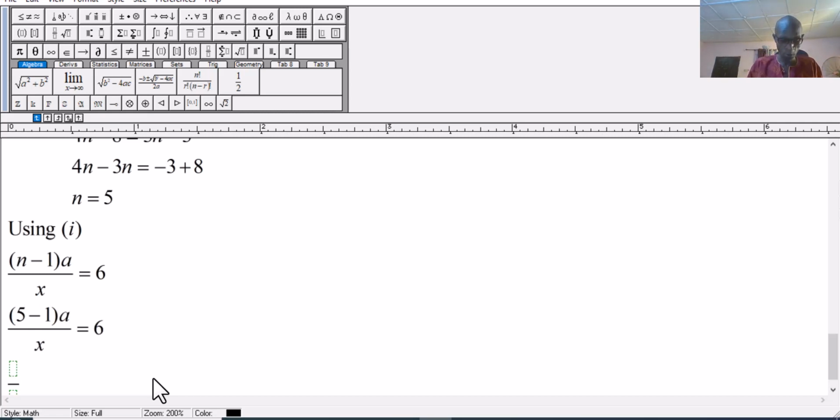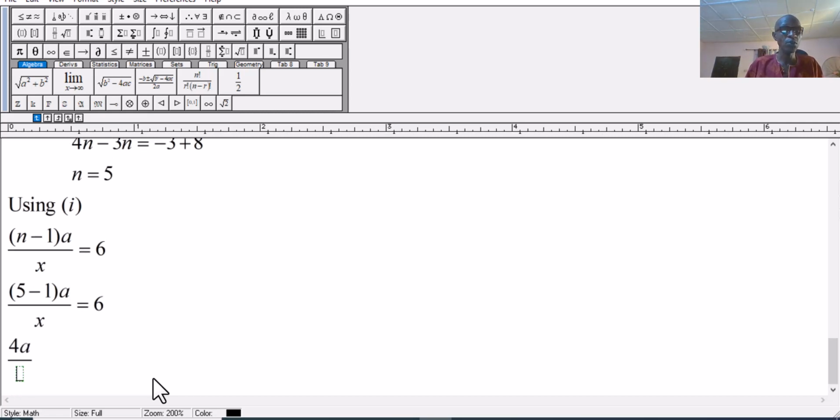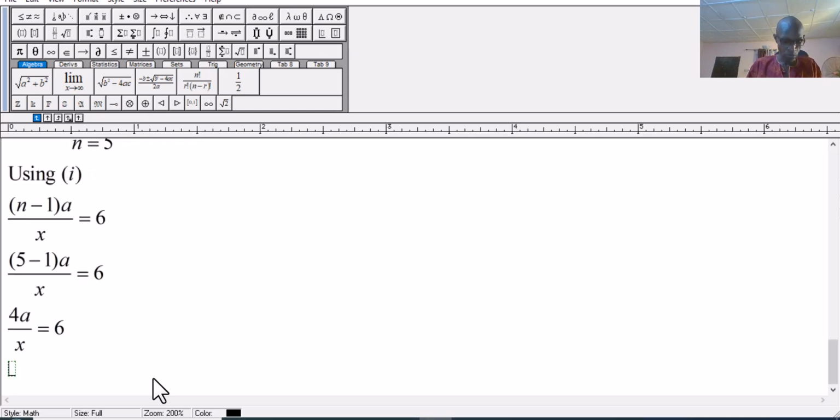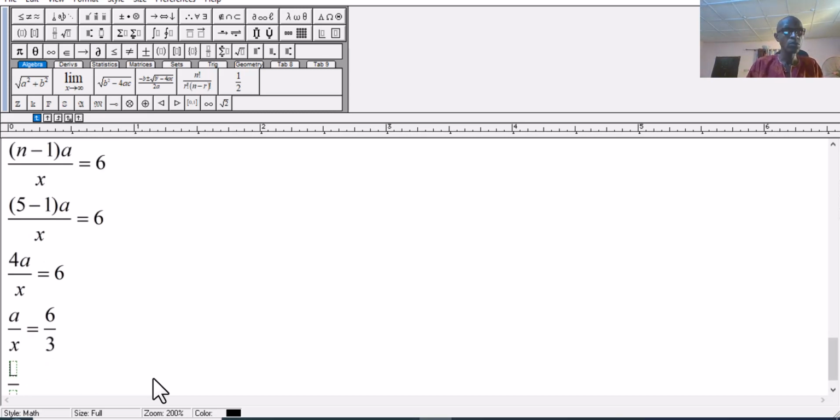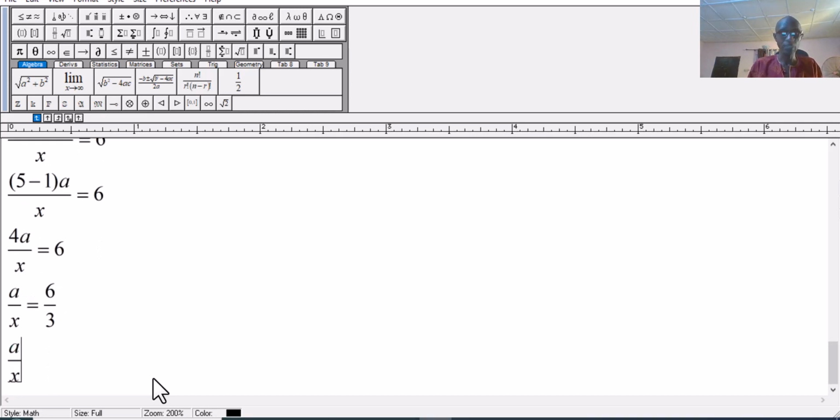So we have 4a over x equals to 6. Now you can say a over x is equals to 6 over 4. So a over x is equal, this is 4, so this will be 3 over 2.